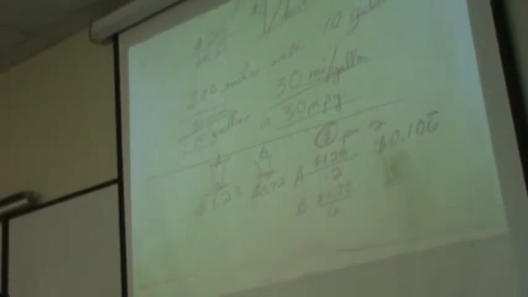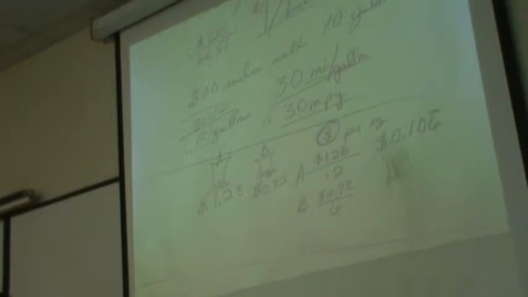Okay? Now actually divide this. $1.28 divided by 12. 0.10, repeating 6. So it's a little over 10 cents, almost 11 cents. We're leaving that on there in case the other one's 104 or something like that.